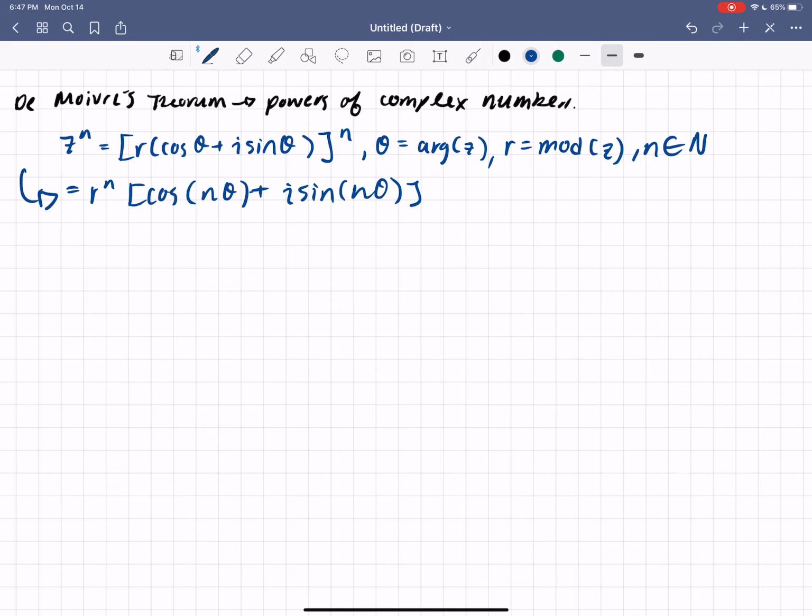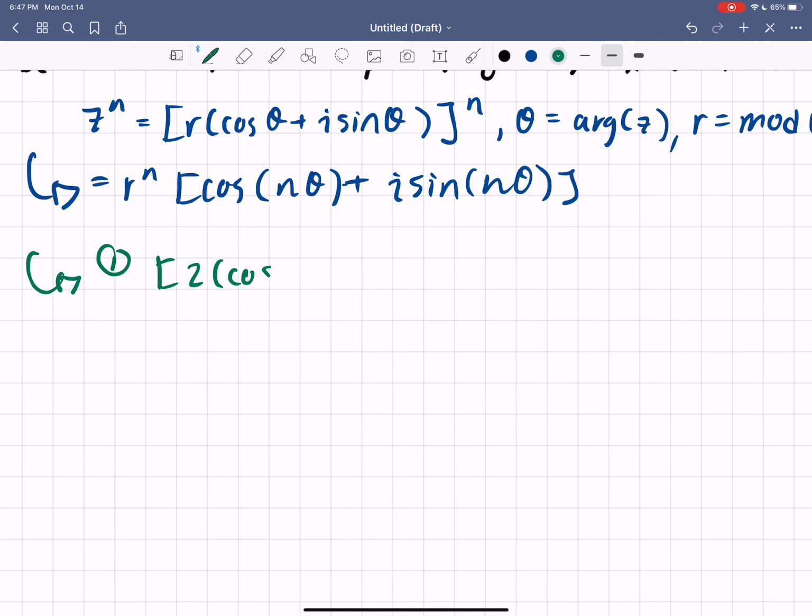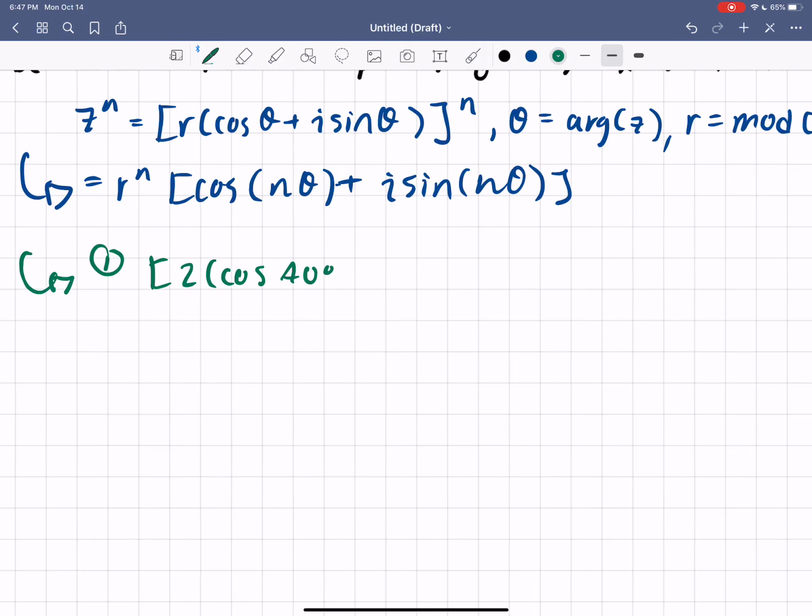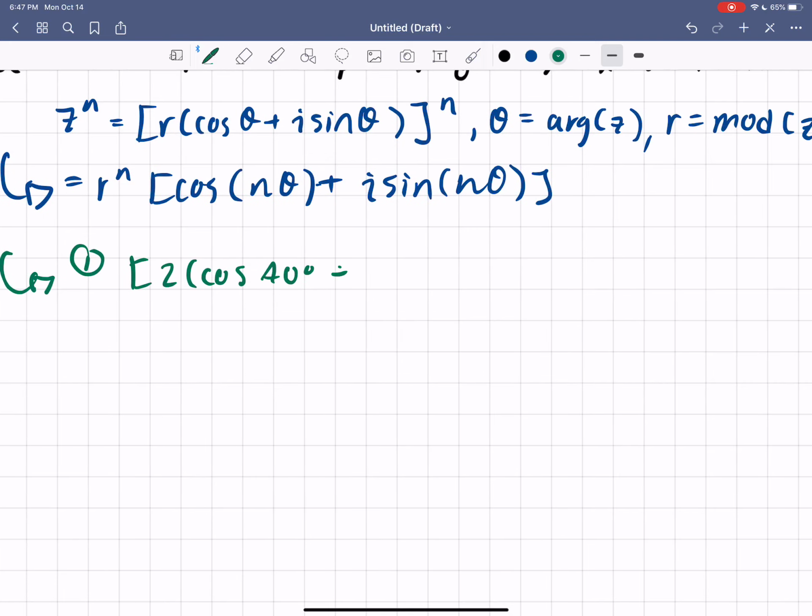So let's do an example, because the formula's a bit daunting. Say I had 2 (cos 40 degrees plus i sine 40 degrees) to the 6th.